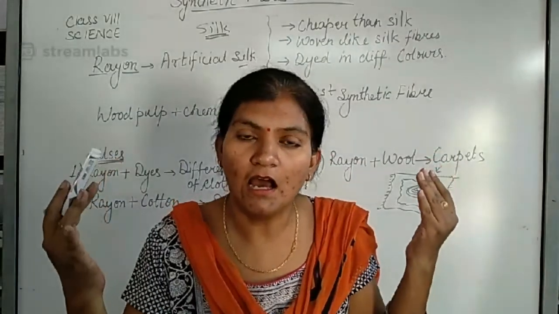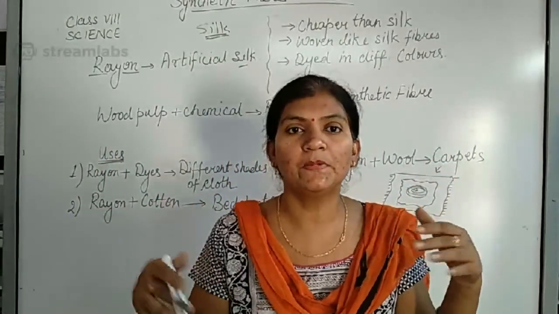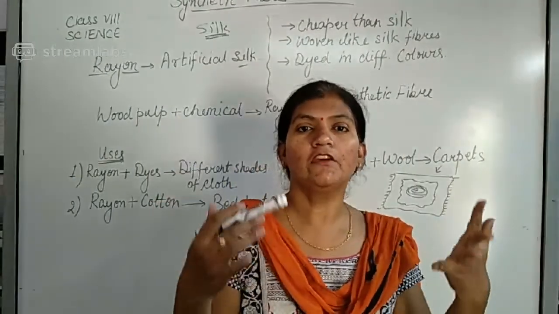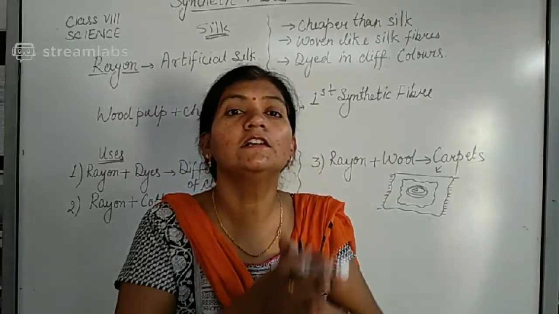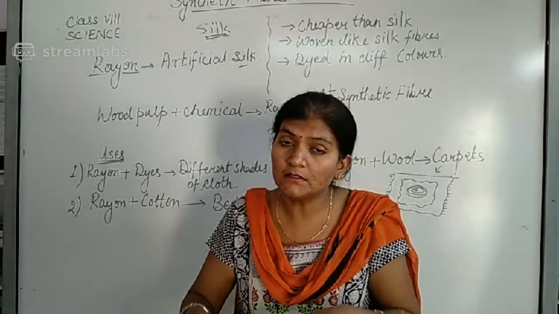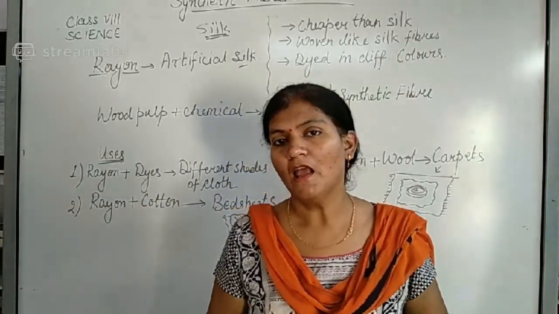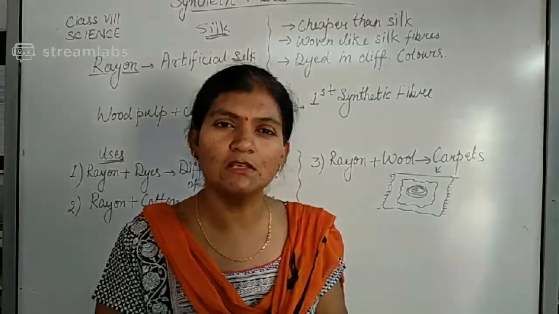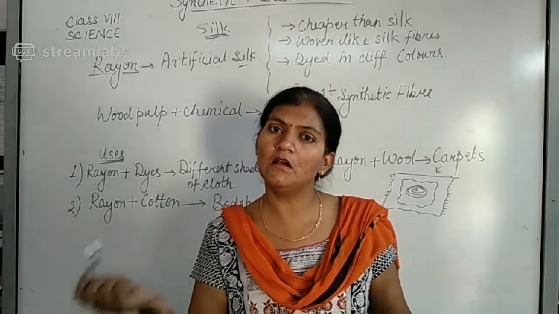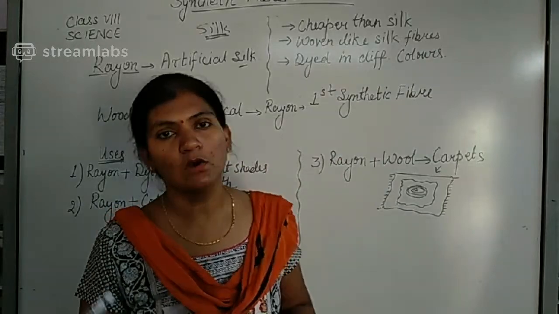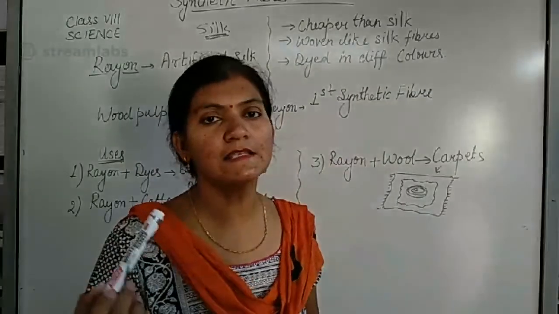So all the people involved in the textile industry made another fiber, which is rayon. And since rayon has all the properties similar to silk, rayon is also known as artificial silk.